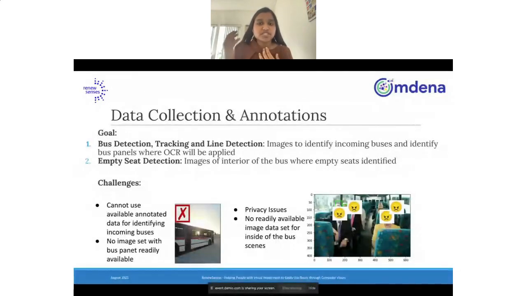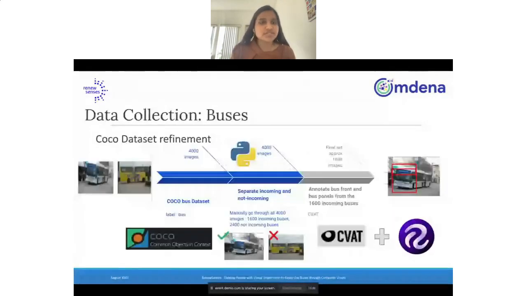That is with respect to object tracking, because we need to identify if a bus is just arriving or it is already standing at the particular location. And inside the bus, we were not able to find an available data set to figure out if the seat was empty or not because of privacy issues.